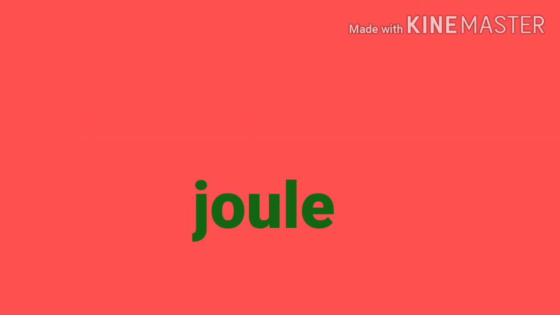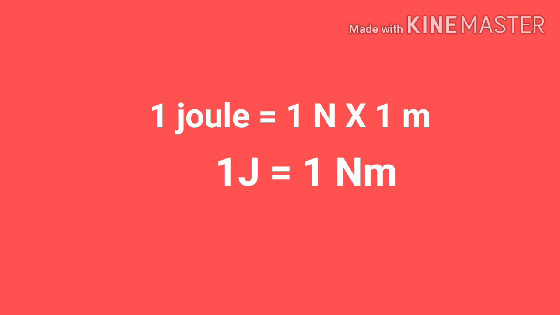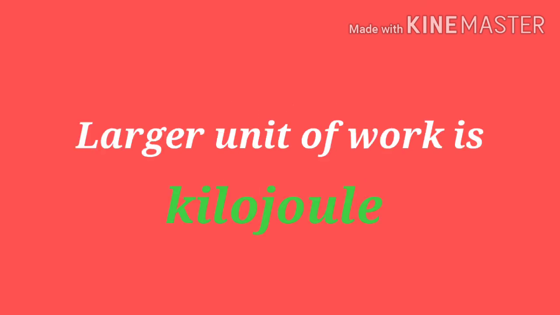Now 1 joule can be defined as the amount of work done if 1 Newton force causes a displacement of 1 meter in the direction of the applied force. So 1 J is equal to 1 Newton multiplied by 1 meter, or 1 Newton meter. The larger unit of work is kilojoule or kJ.